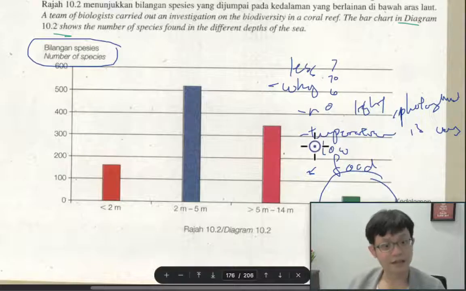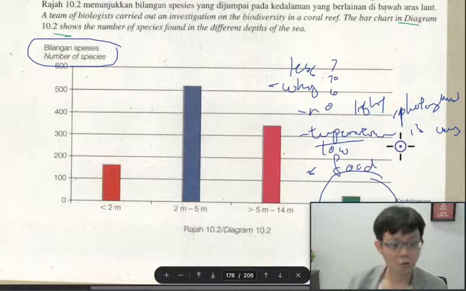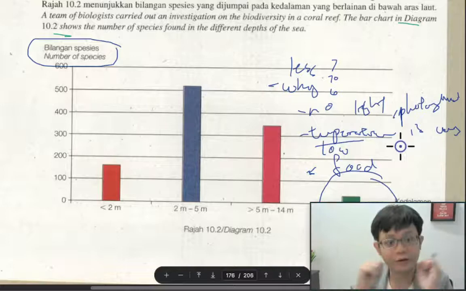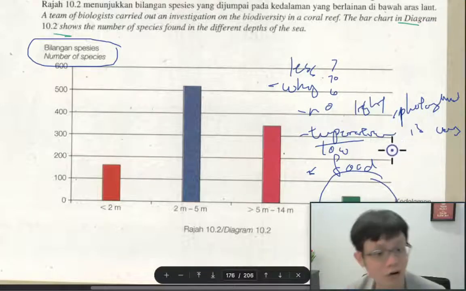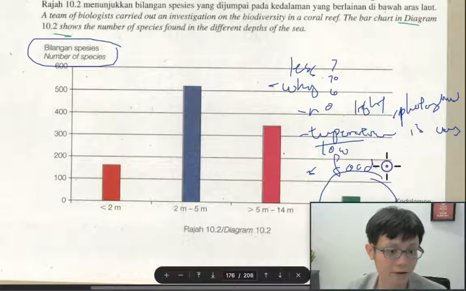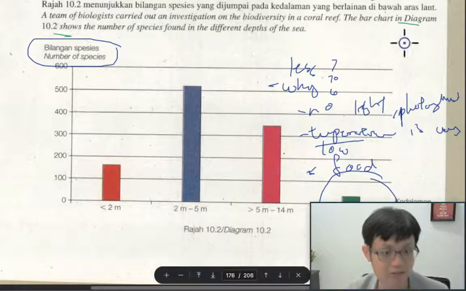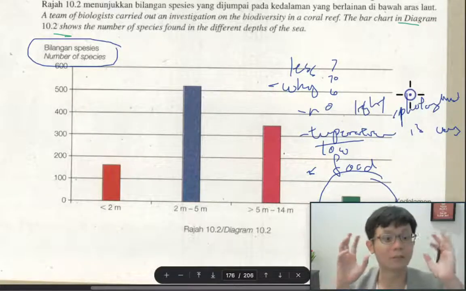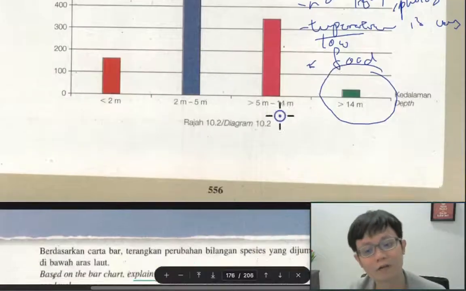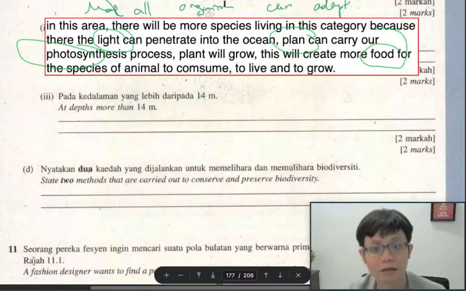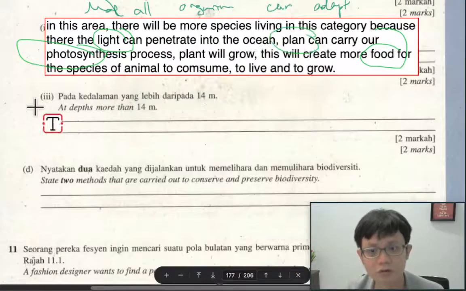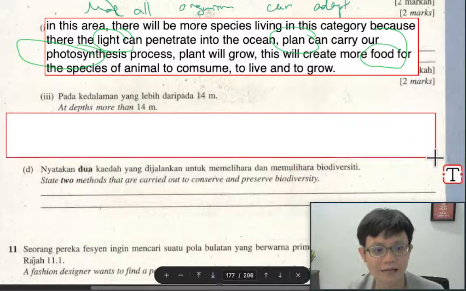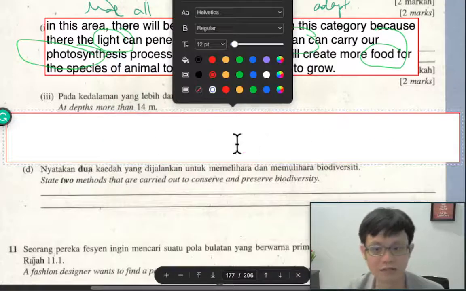And one more thing is the temperature is very low, very cold. Correct or not? And if the temperature is very low, not many species or organism can adapt to the environment. So this is the concept key point we know. And now we want to put it into the answer. So you no need to copy my answer. You use your own answer.